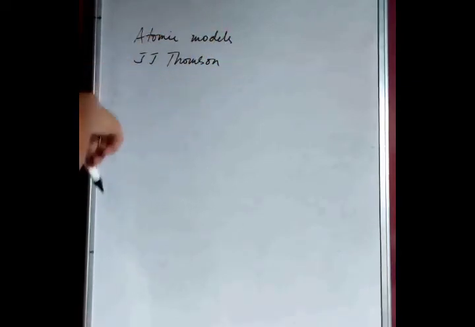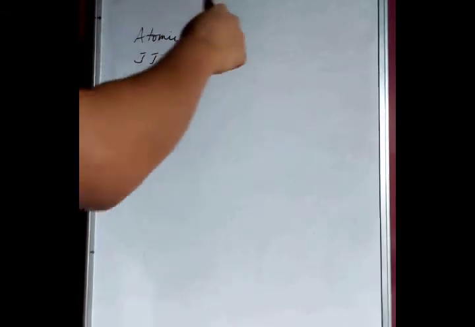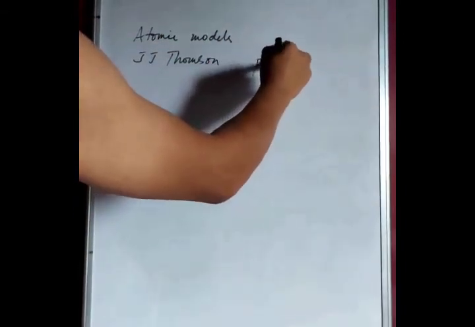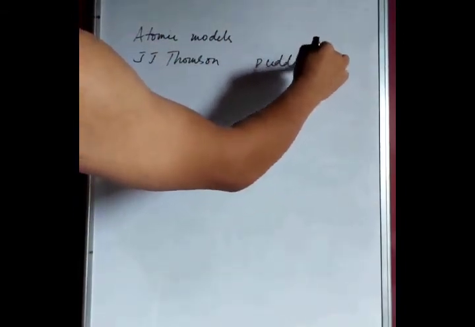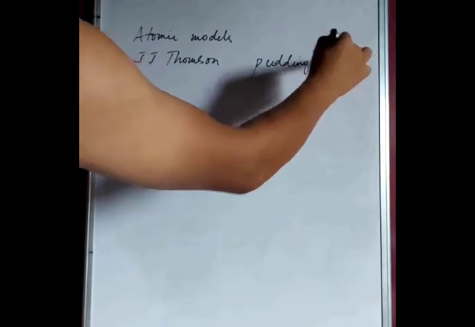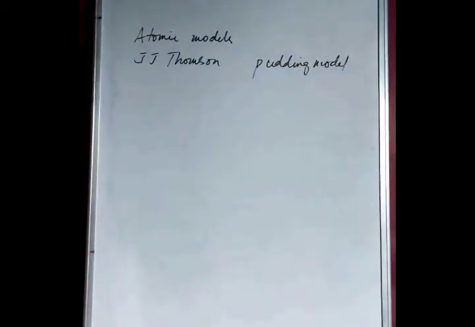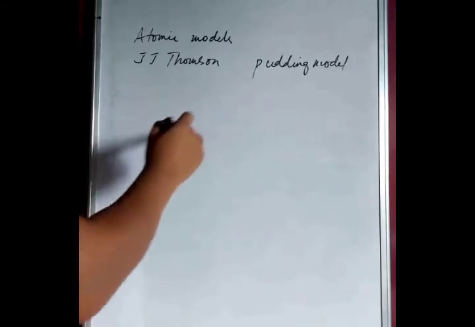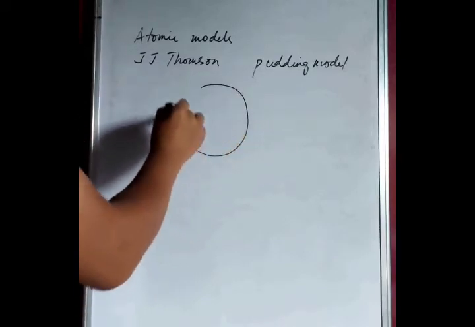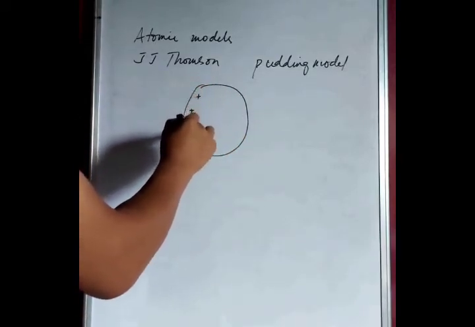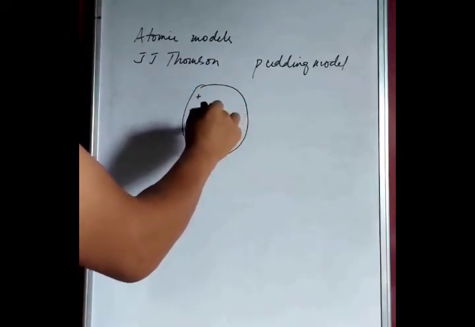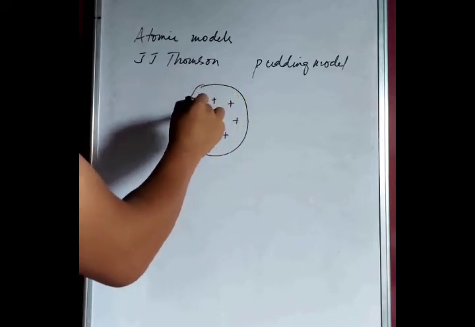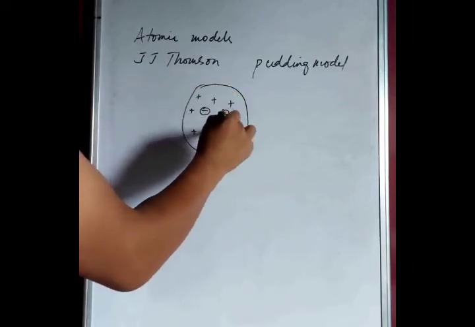His model is often referred to as the plum pudding model, because he suggested that in a sea of positive charges, the negative charges, the electrons, were embedded inside.